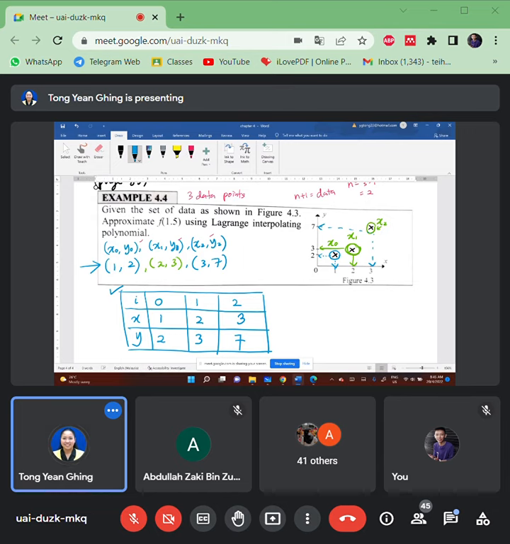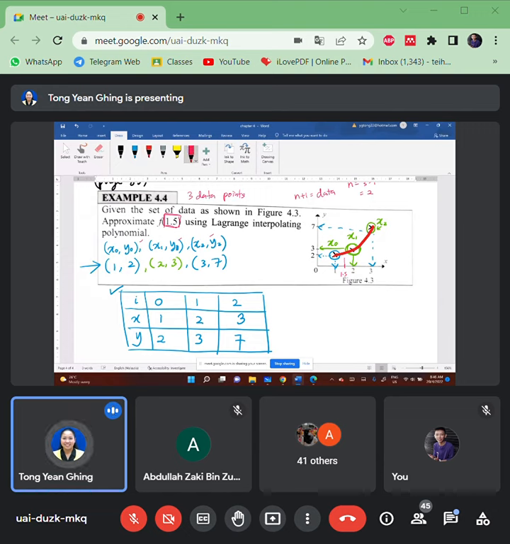Okay, so now I have to find the value of y when x is 1.5 here. Let's say the graph is connected like this. The graph is like this.